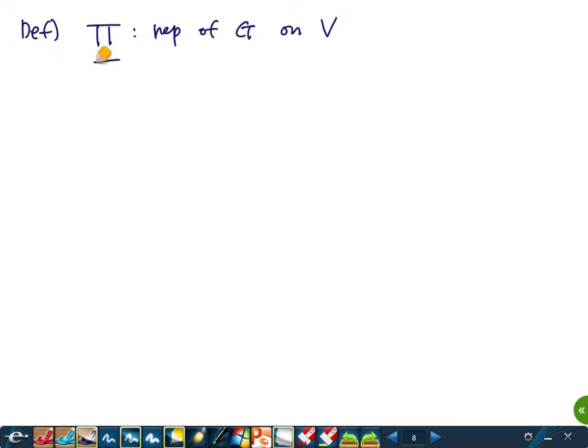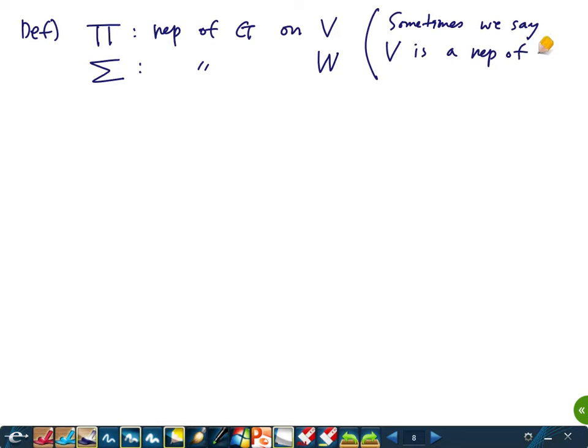And let's say sigma is a representation of G on W. Sometimes we just say V is a representation of G without even writing this.